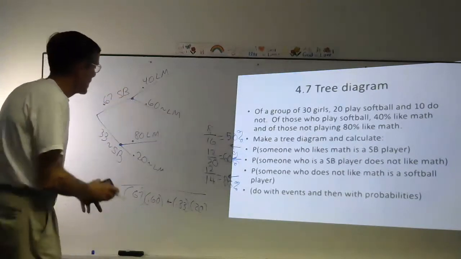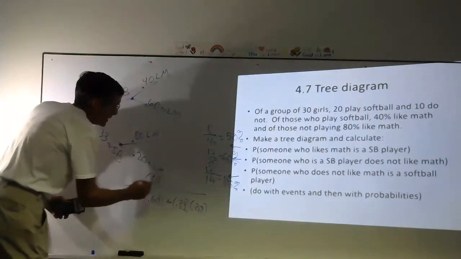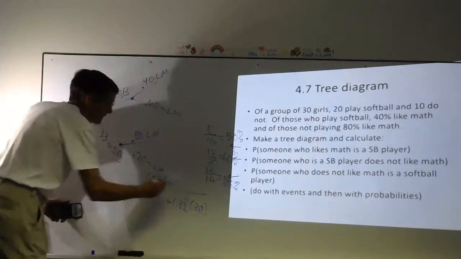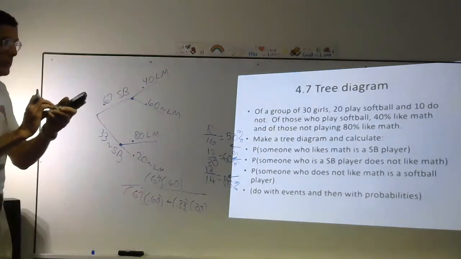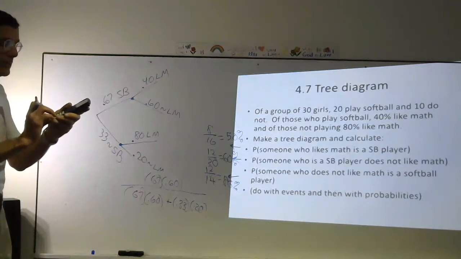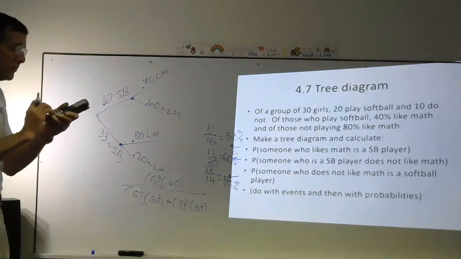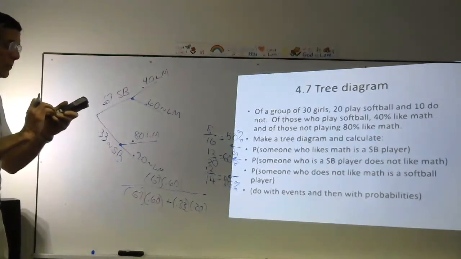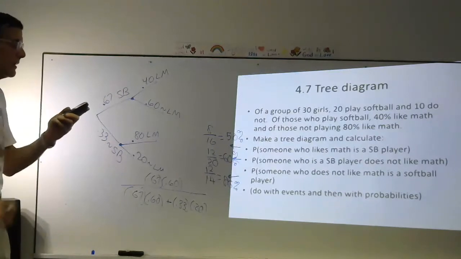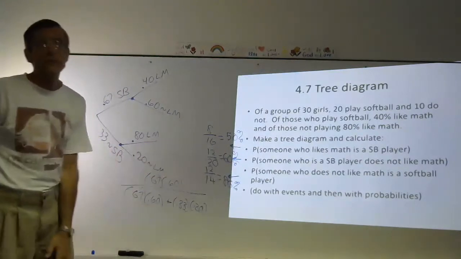Not liking math is the 0.67 times 0.60. Do it again: 0.67 times 0.60, divided by parentheses, 0.67 times 0.60 plus 0.33 times 0.20, close your parentheses, equals 86%.